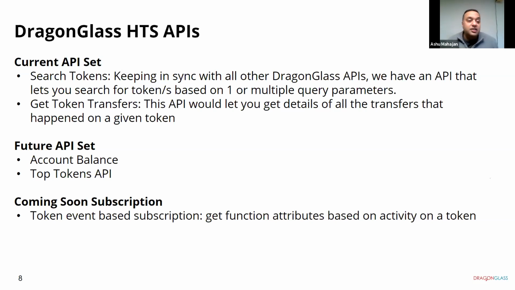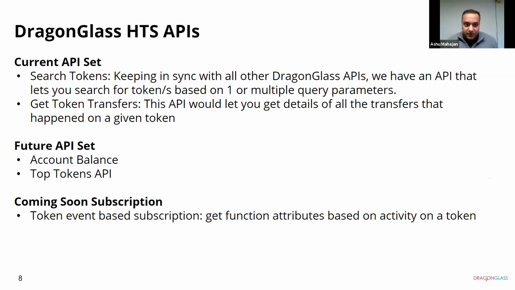You can filter tokens, and you can filter on whether the token was updated or created at a particular time. You can do all sorts of things to search for a token or multiple tokens. Apart from that, we provide all the token transfers that happen. This includes both minting and burning of tokens as well.